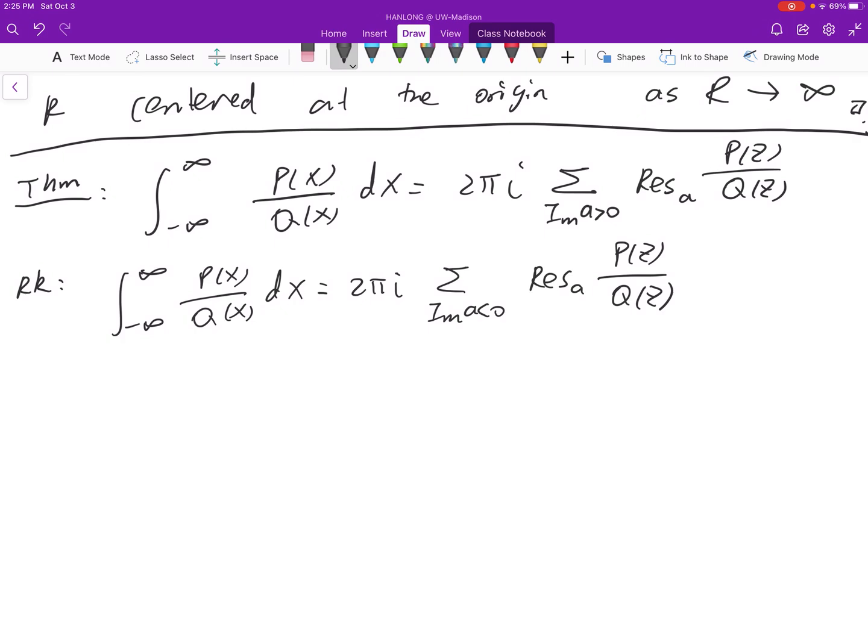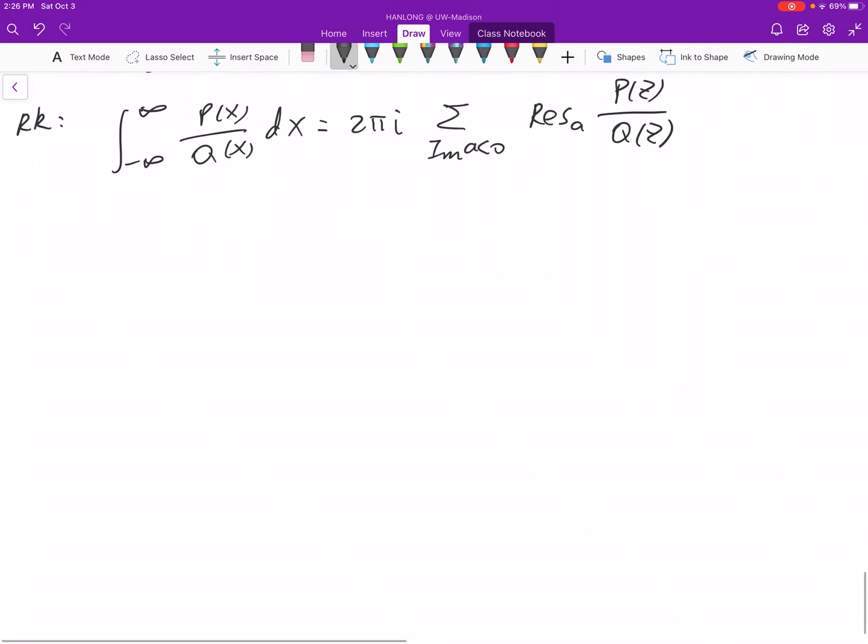Later on, when we have exponential e^{iz}, or sine, cosine, then we have differences between the upper half plane and the lower half plane, because of the decay of exponential e^{iz} only along the positive direction.